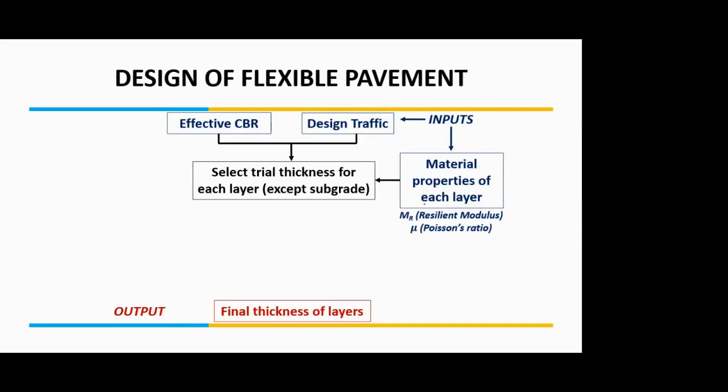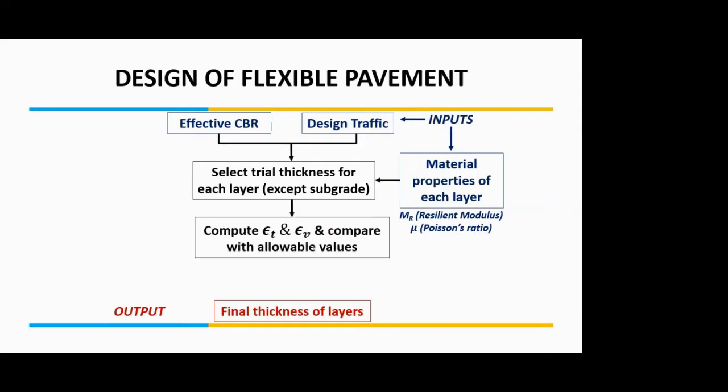Then after selecting the trial thickness, you compute the epsilon T and epsilon V values. I have told you what these are: the horizontal tensile strain and the vertical compressive strain values. Then you compare them to the allowable values, just like in structural design or RCC design, wherein you have some deflection and you check it against the limits prescribed by the IS code.